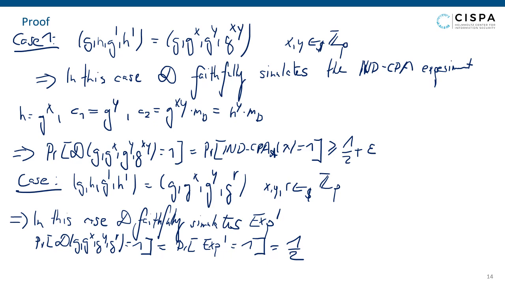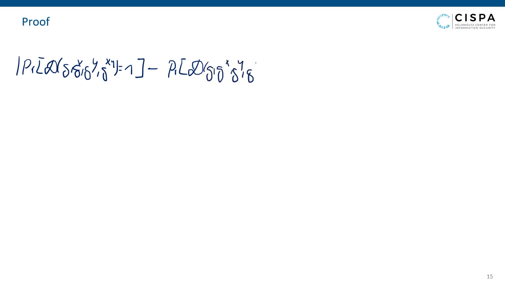Now that we have these 2 cases, we can compute the distinguishing advantage of D, and we will get, let's maybe do this on a new slide, that the probability that D on input a DDH tuple, G, G to the X, G to the Y, G to the XY outputs 1 minus the probability that D on input G, G to the X, G to the Y, G to the R outputs 1 is greater than 1/2 plus epsilon minus 1/2, which is of course epsilon.